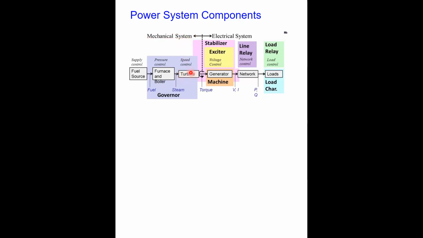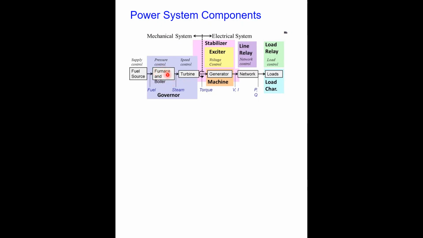So this is the turbine, and depending upon the type of the turbine, you may have a steam turbine. In that case, you have the steam inlet to the turbine, or if it is a hydro turbine, then it will be a water inlet to the turbine. For the case shown here, you have the furnace and the boiler, where water is converted into steam, and the combustion process takes place.